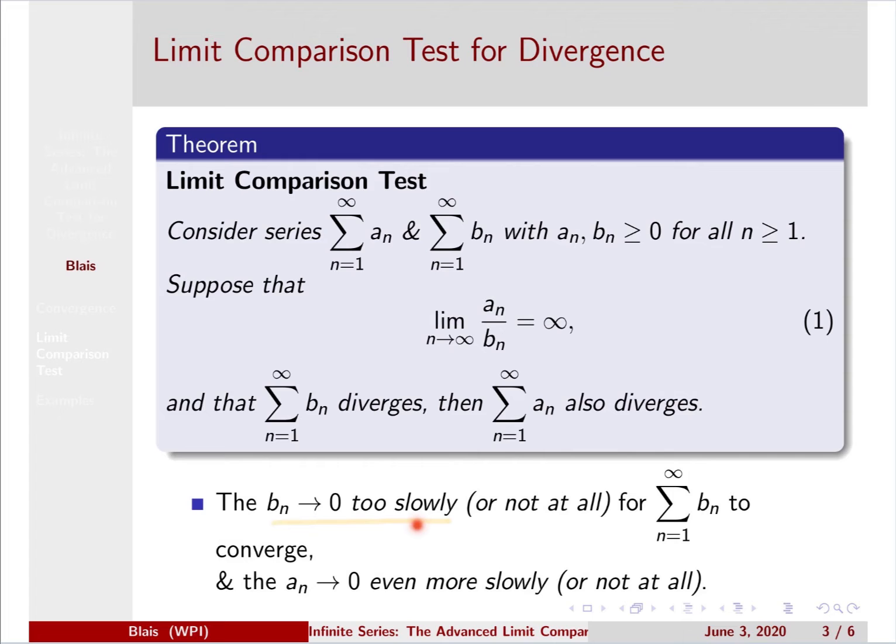So if the b sub n go to zero too slowly, but they do go to zero, then the b sub n in the denominator of this limit of the sequence is going to zero. But for this overall limit to be infinite, the a sub n is either not going to zero or is going to zero even more slowly. So again, let's think about the case where both of these are actually going to zero, and they're going to zero at too slow a rate.